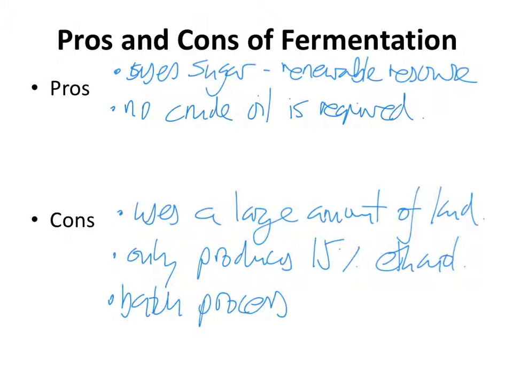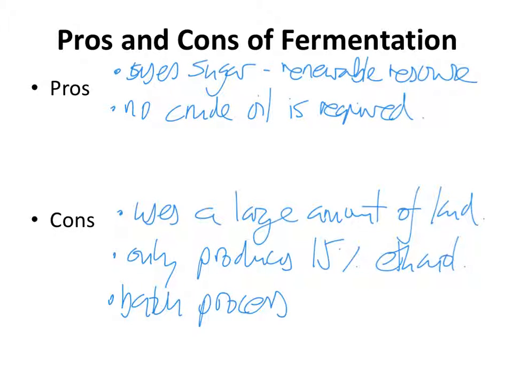Exam questions often ask you to weigh up the pros and cons of putting a fermentation plant in a particular country. So they might nominate a country which has a large amount of land. They might say, well, why is this a suitable country for putting a fermentation plant in? Or they might nominate a country which has an entirely unsuitable climate for growing sugar.